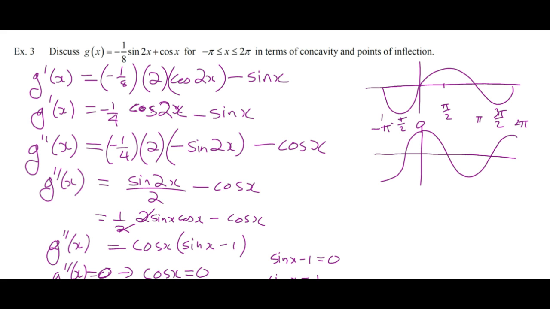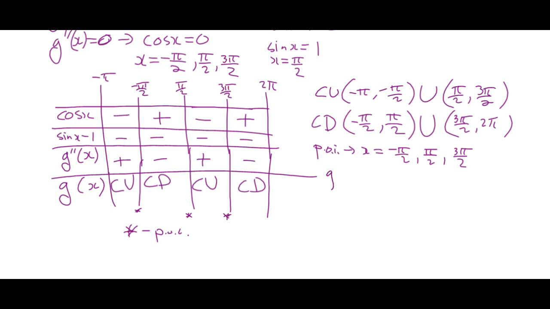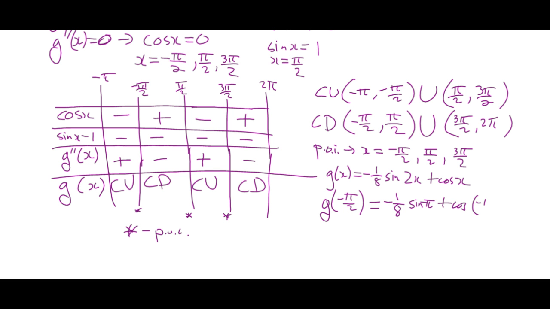And so we've got to go figure those out, right? What do we got? g of x is negative 1/8 sine 2x plus cos x. So at negative pi over 2: negative 1/8 sine of 2 times negative pi over 2, so the sine of negative pi, plus the cos of negative pi over 2.